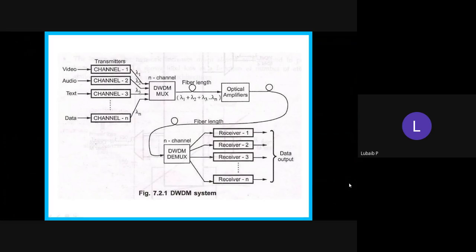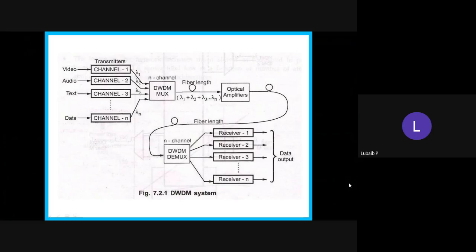These different wavelengths are combined into a single channel, and this channel is the optical fiber. Along this optical fiber, as I mentioned in the previous module, we place optical amplifiers at particular distances as inline amplifiers in the transmission line. After that, the fiber is fed to a DWDM demultiplexer.